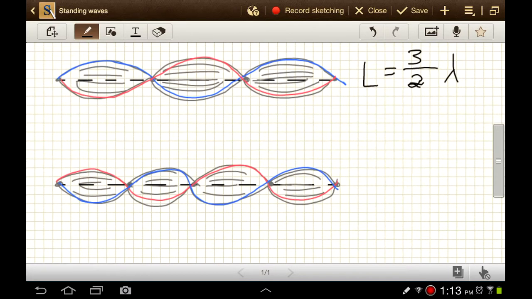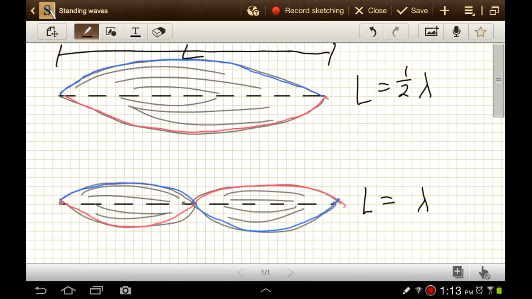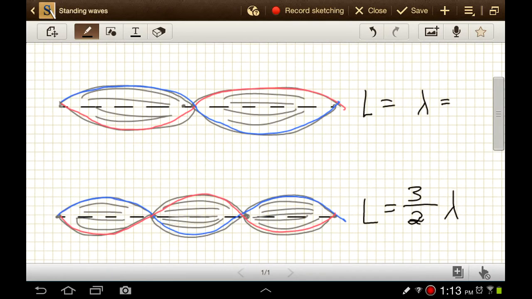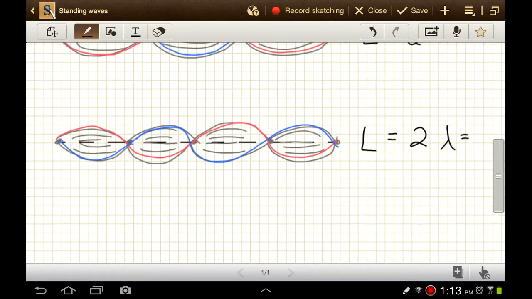And then down here I've got one complete wave there, another complete wave there. So here our length is enough to fit two wavelengths, two lambdas. Now you might also write this as 2/2 times the wavelength, or this as 4/2 times the wavelength.